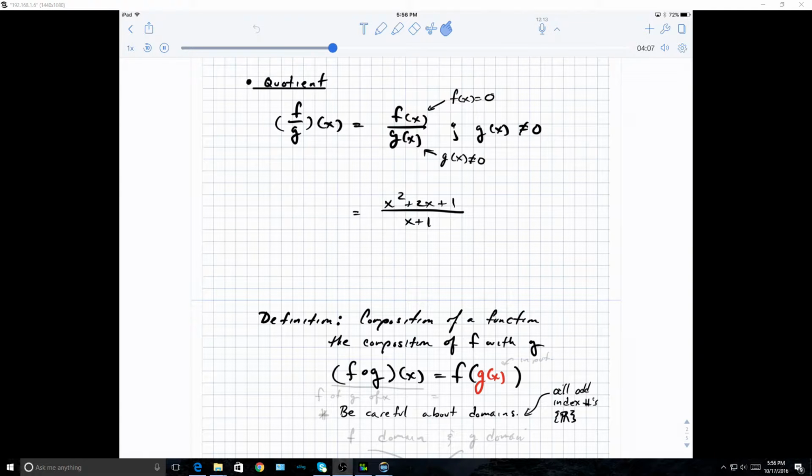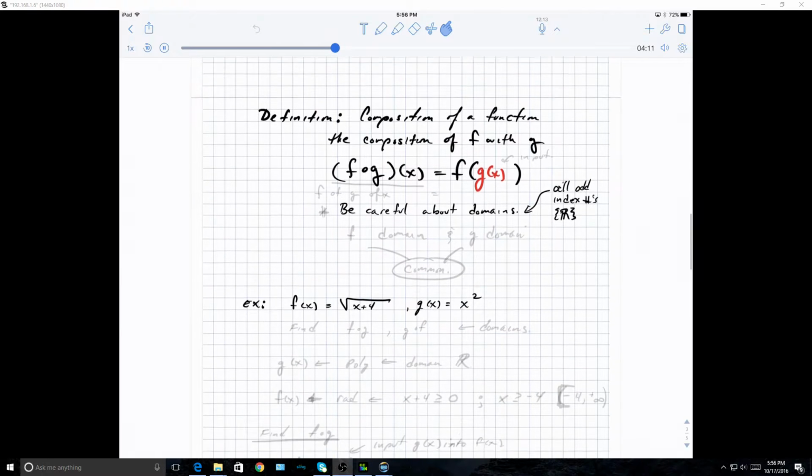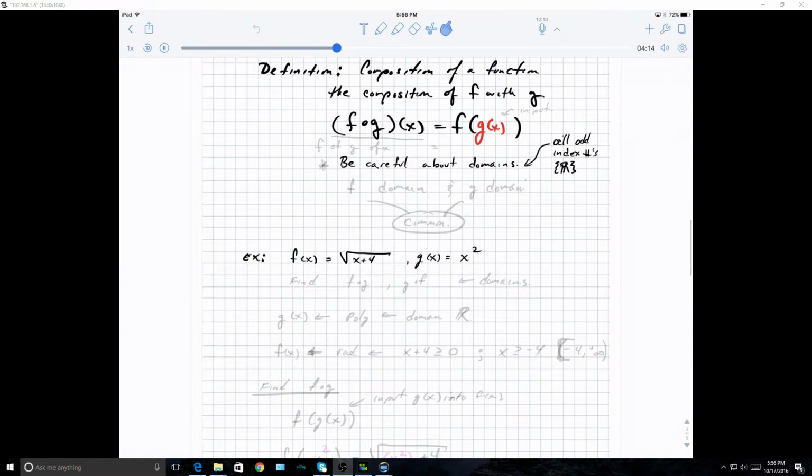But let's move on to the composition of f and g. So what we have here is the notation for the composition of f and g. So how we read it is f of g, so f of g of x is equal to f of g of x, and we just use g of x as the first input.